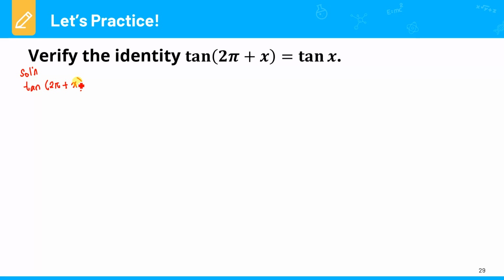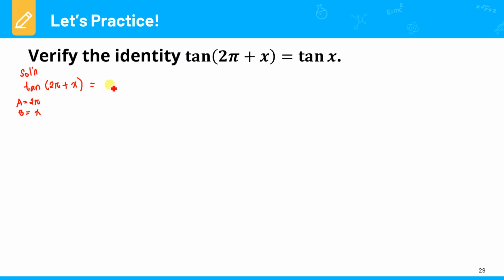As we can see here, the angle in this tangent is in the form of a sum. So in other words, we can now use our angle sum formula. Take note that our A is equal to 2 pi and our B is x. So we can now substitute in the formula.